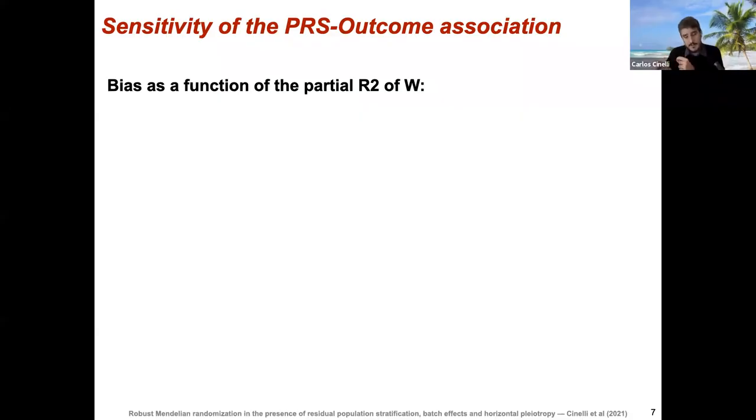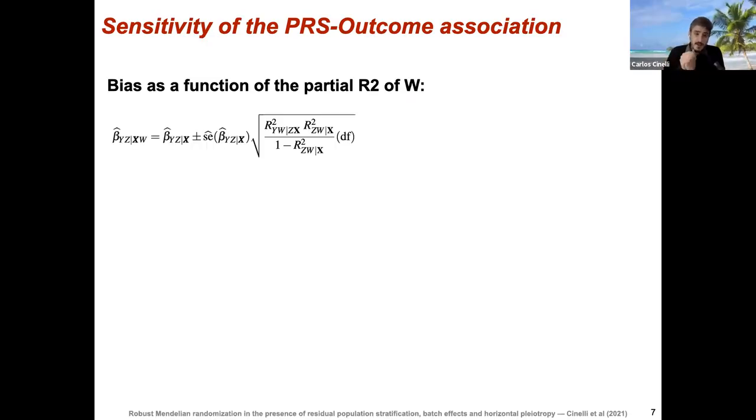We want the genetic association with the outcome, adjusting for X and the hypothetical unobserved variables W, that would be sufficient to make our genetic instrument a valid instrument. And we can write our target estimate as a function of the current estimate, the current standard errors, and the hypothetical partial R squared of the omitted variables with Y, our outcome trait, and our genetic instrument Z.